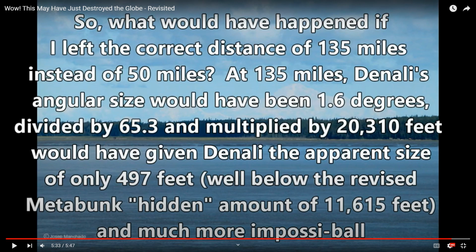And Taboo continues with, so what would have happened if I left the correct distance of 135 miles instead of 50 miles? At 135 miles, Denali's angular size would have been 1.6 degrees divided by 65.3 and multiplied by 20,310 feet would have given Denali the apparent size of only 497 feet, well below the revised Metabunk hidden amount of 11,615 feet, and much more impossible.